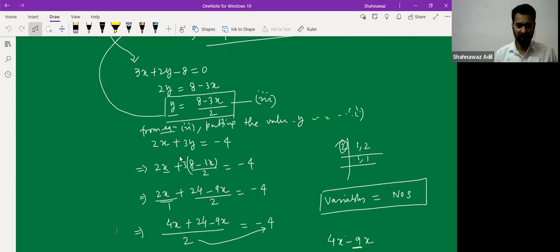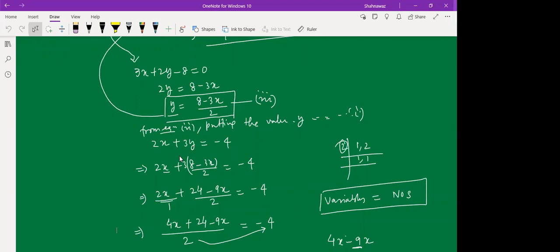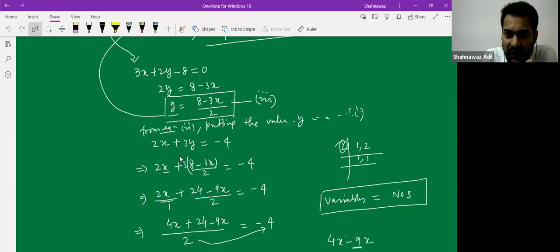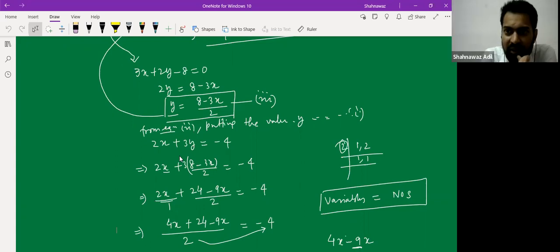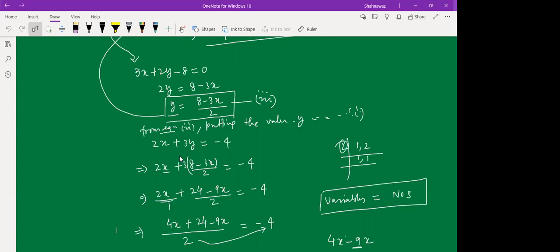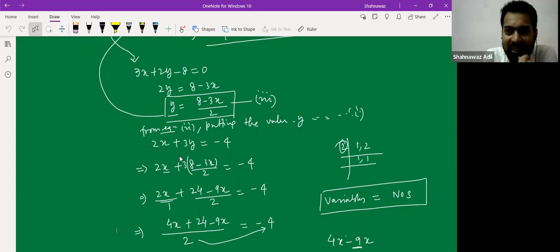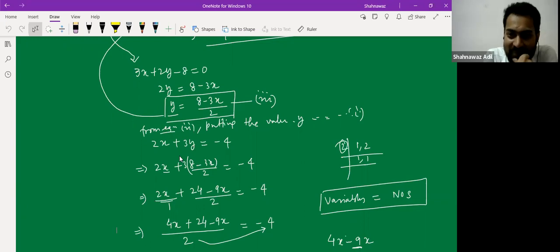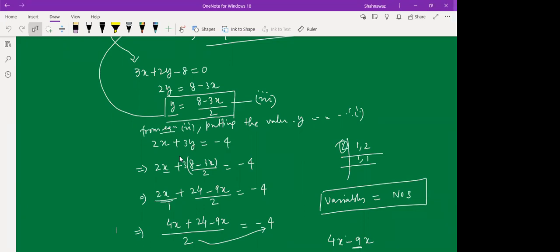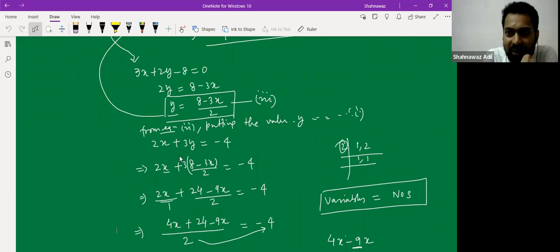Rizwan, in your school, how much have they done? They are on which exercise? 3.2, sixth one. Acha, so they are doing the sixth question. Sixth one finished. Okay, so you already knew the answer. Sir, now holidays are going.